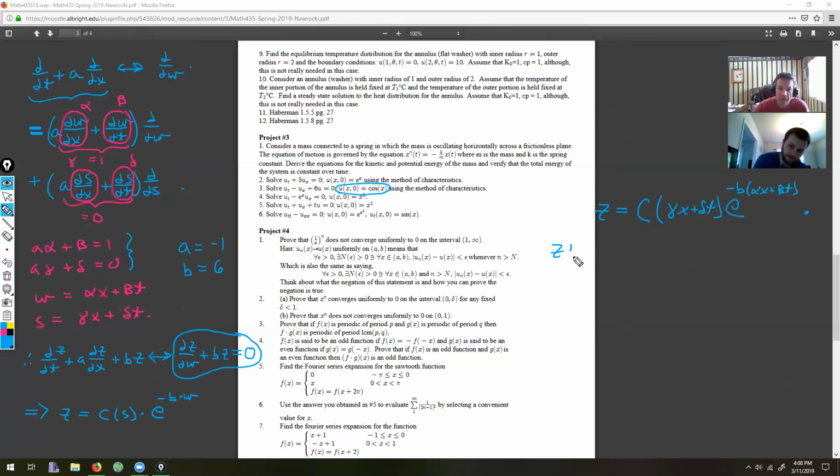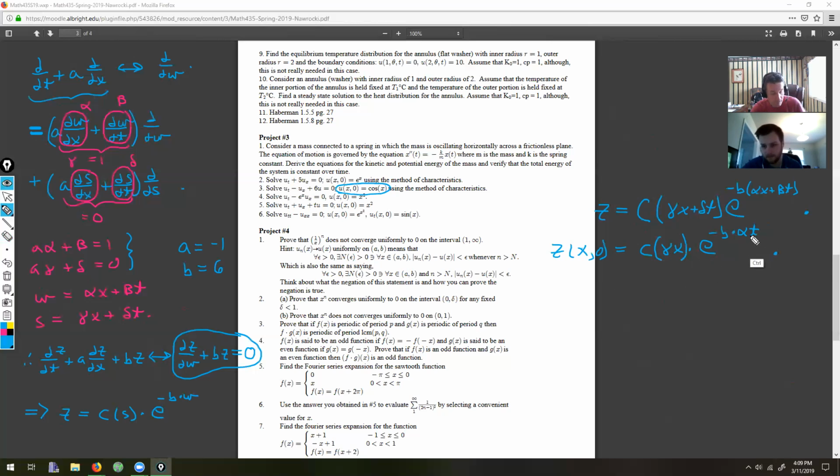So Z of X comma 0, if I put 0 in for T, equals C of gamma X times e to the negative B times alpha X. Wait, you mean alpha X, right?